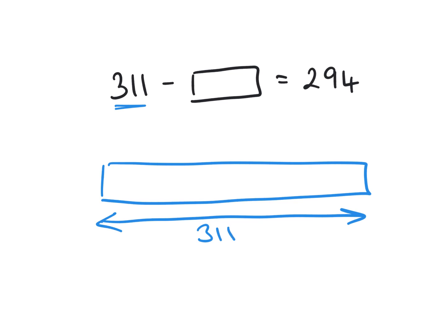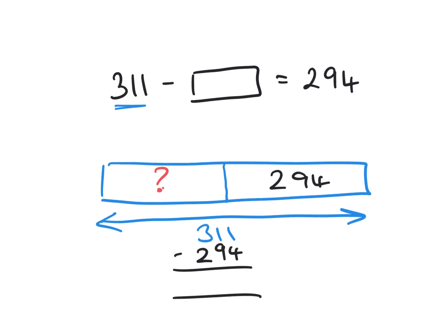Okay, and then what we're going to do, we know we've broken this down into 2 parts, and we know if we subtract the unknown part here, that leaves us with the 294 over on the right hand side. So if I take my 311 and subtract the right hand side, it will tell me what's left over for the question mark, the red question mark.